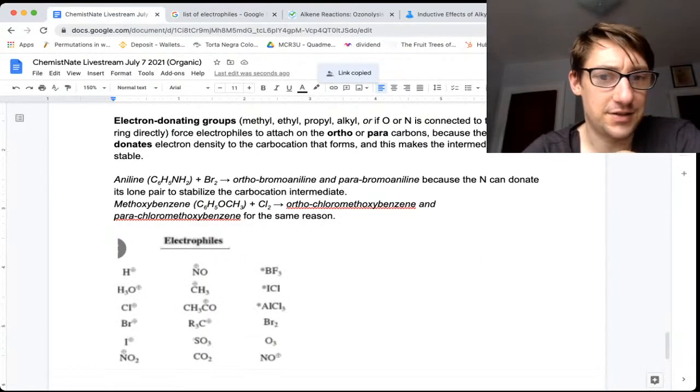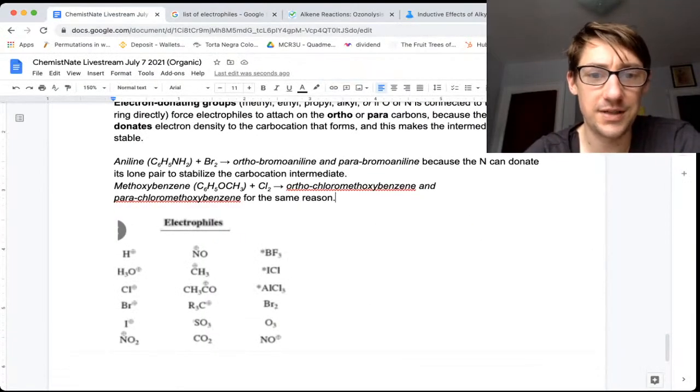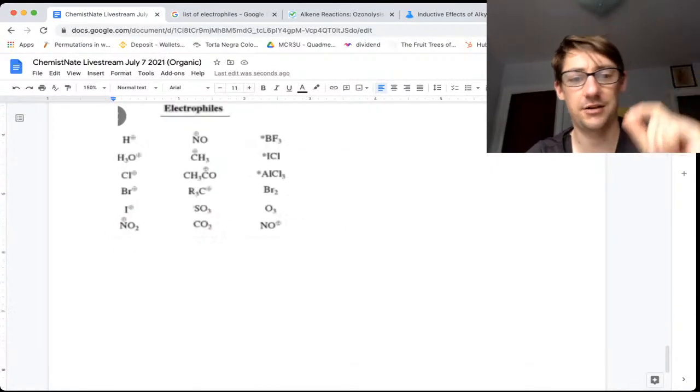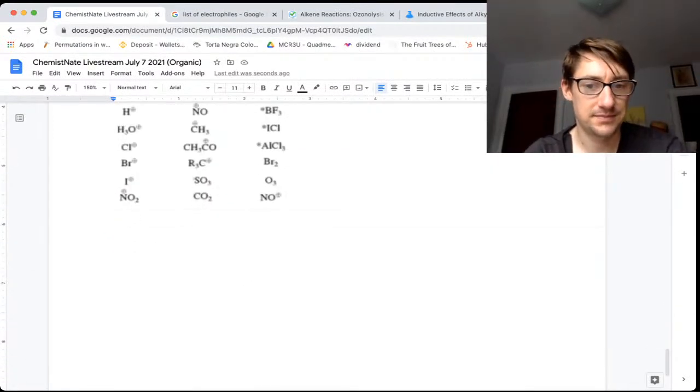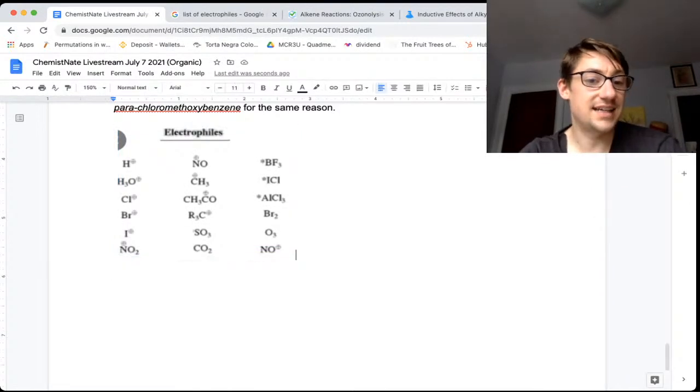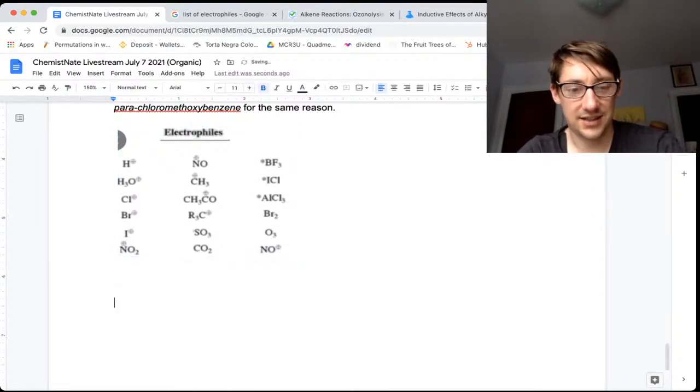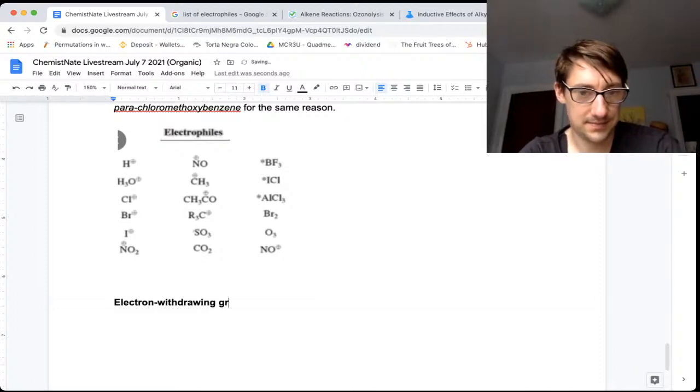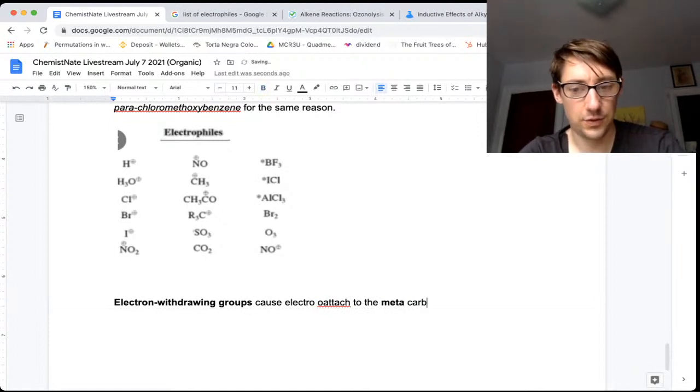Inductive effect, the electron donating groups are ortho and para directing. At least that's what they call them. Let's take a guess and say electron withdrawing groups cause electrophiles to attach to the meta carbon for the opposite reason.